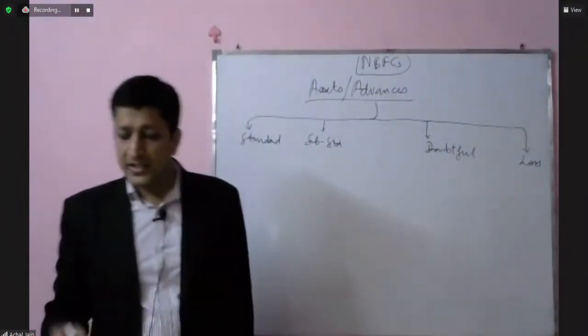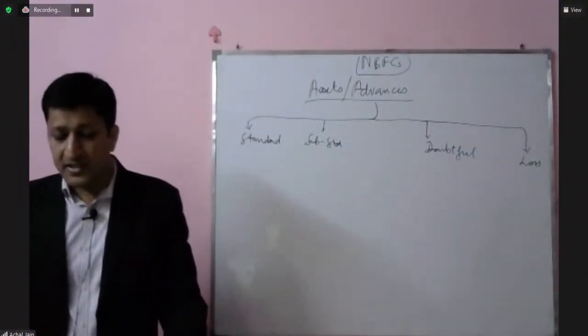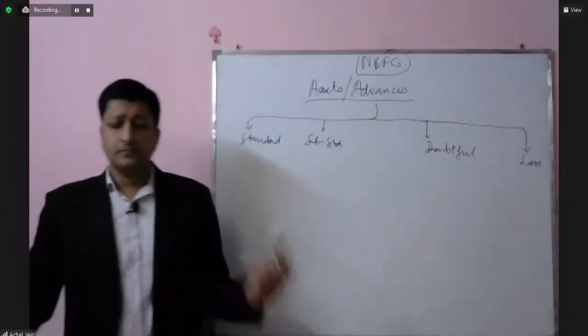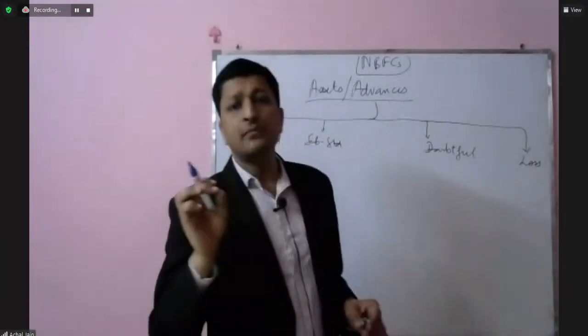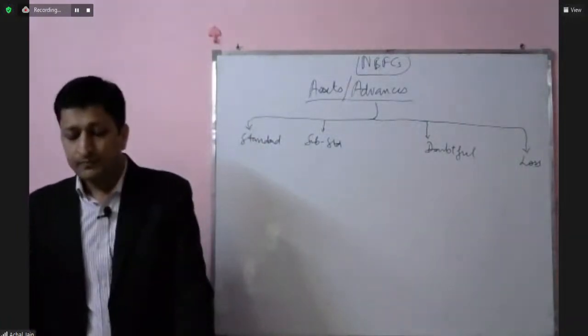All the four categories which we saw in case of a bank. So let's move on to the first category, standard assets. What are standard assets? The ones which are good. Repayments are on time, there's no default, everything is going fine.